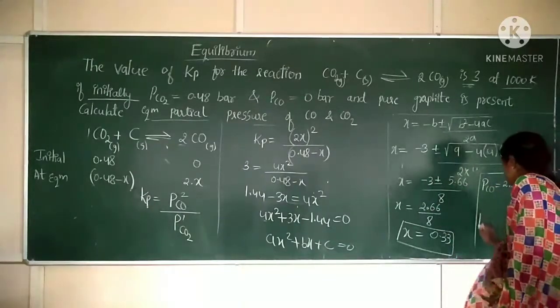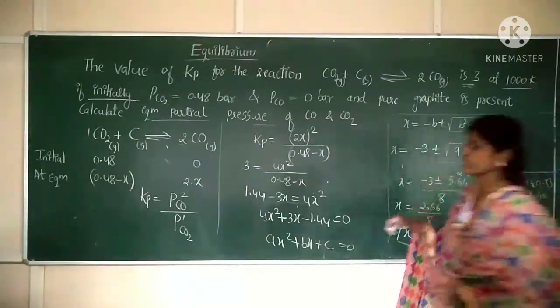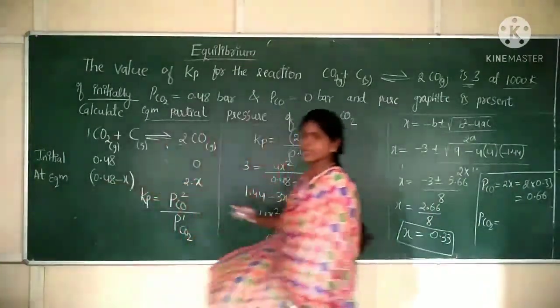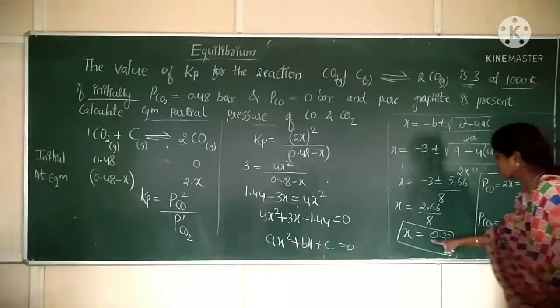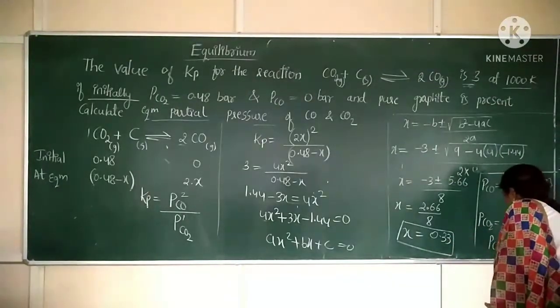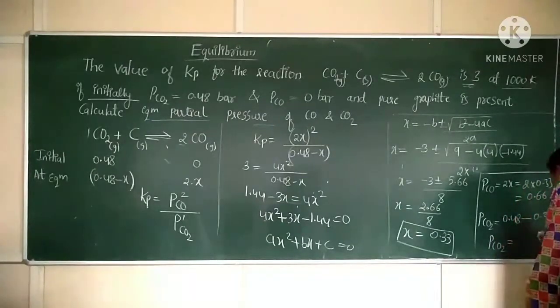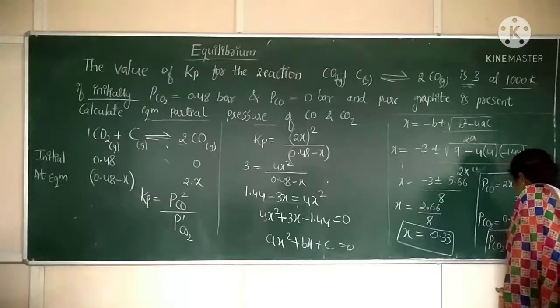Next, the partial pressure of CO2 is equal to 0.48 minus x. What is the x value here? 0.33. So this will be equal to 0.15.